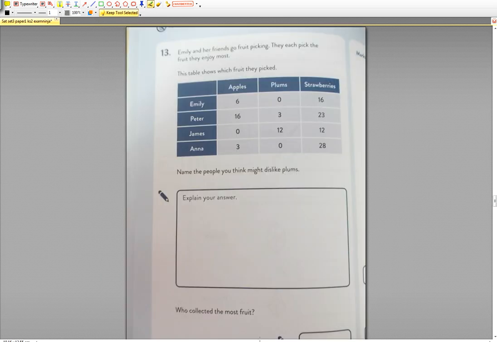Let's move on. Emily and her friends go fruit picking. They pick the fruit they enjoy most. The table shows which fruit they picked. Name the people you think might dislike plums.